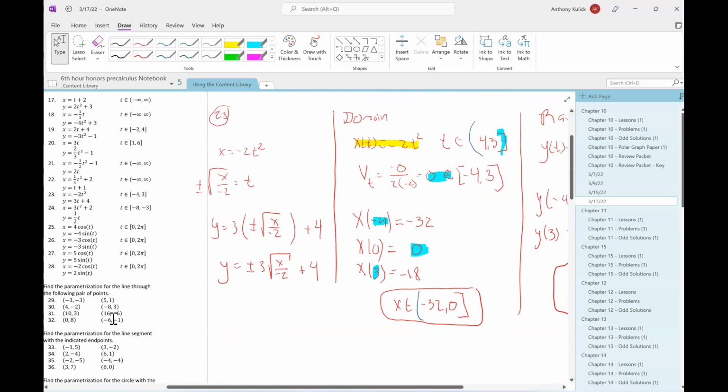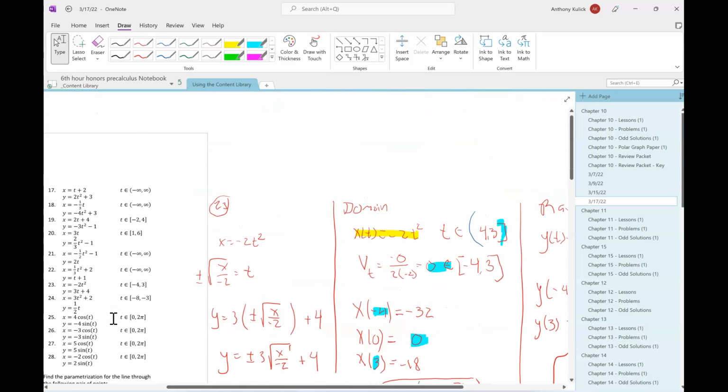The range for 17, that's super specific. Sure, we can do that. So 17, the range. So again, this is a quadratic. And I know that the interval is infinite.